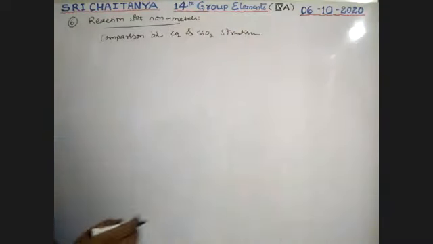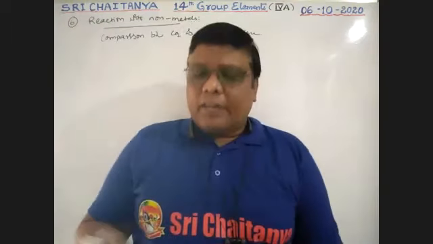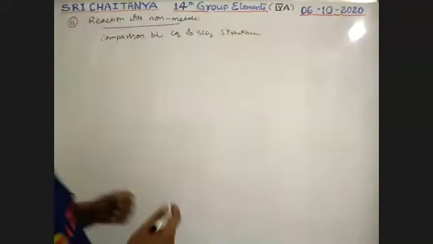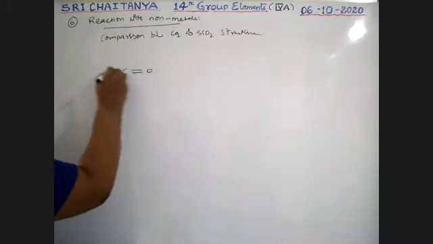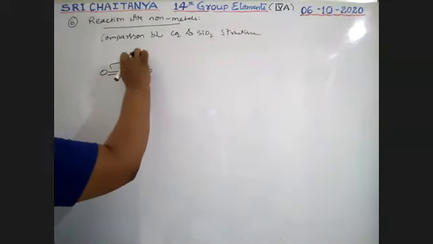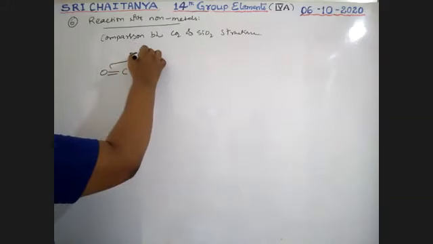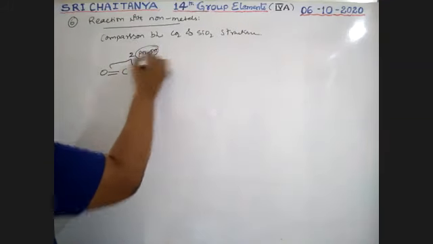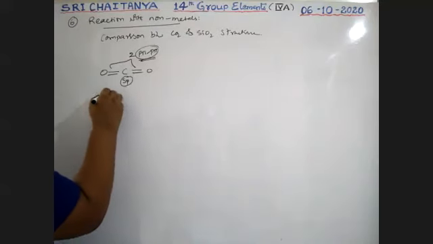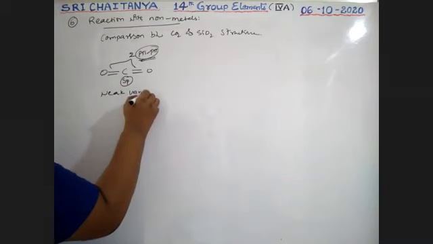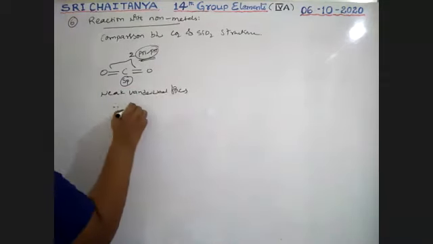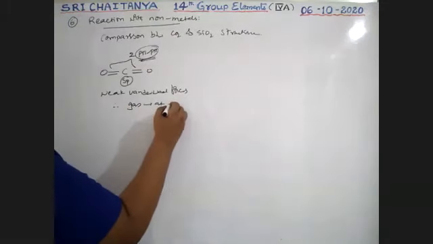See boys, once again, I already explained, carbon can form pi bonds, but silicon cannot form pi bonds. Because of that reason, carbon here, C double bond O, C double bond O. That means two p pi bonds are possible. Two p pi bonds, so sp hybridization. So weak van der Waals forces. Therefore, it acts as a gas at room temperature.